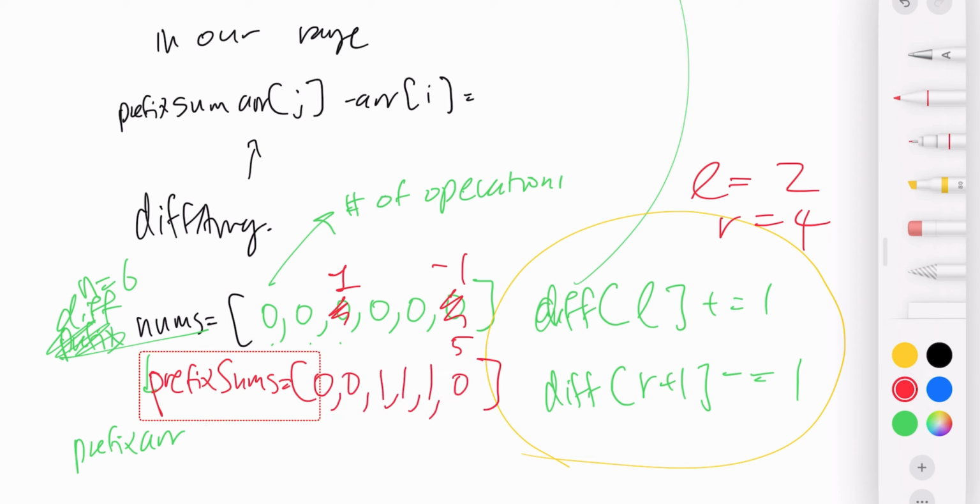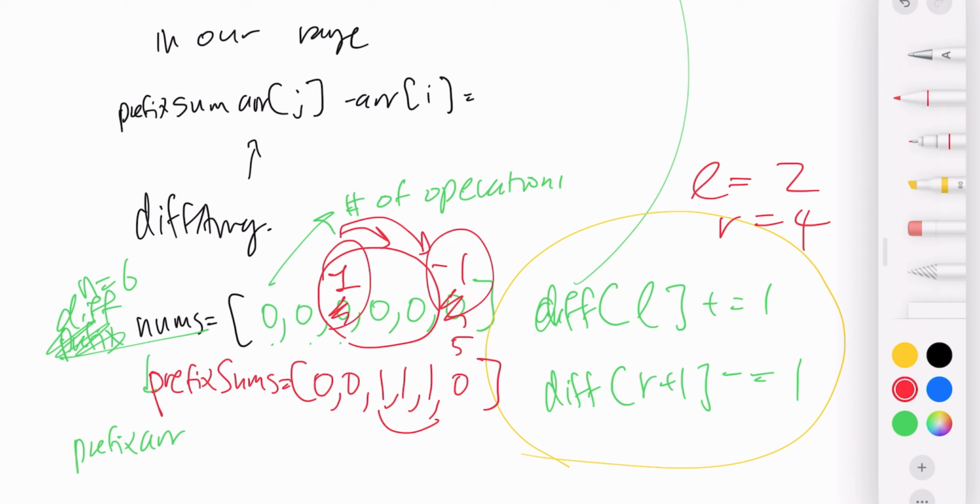Do you see how everything within this range of 2 to 4 has exactly the same number of operations? So you increment by 1 at the leftmost because that accounts for the rest of the range, and you do -1 past the right to reset, because we only did operations within this range. We don't want to keep doing operations beyond it. That's the logic for this problem.